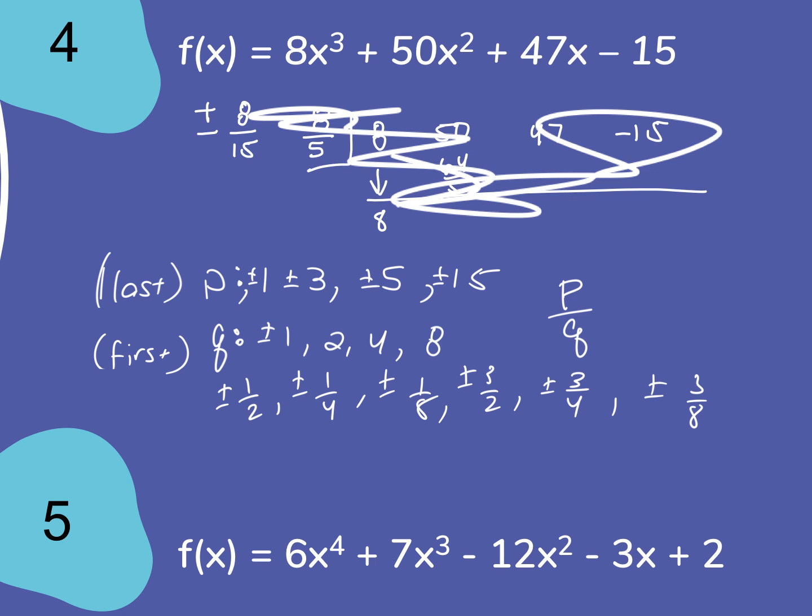Seriously? Then what? Plus minus 5 over 2, plus minus 5 over 4, plus minus 5 over 8. Then what? Because we already have the whole numbers accounted for, so 15 over 2. Do I have to do 15 over 3? No, we already have it. 15 over 4, 15 over 8, all plus minus.